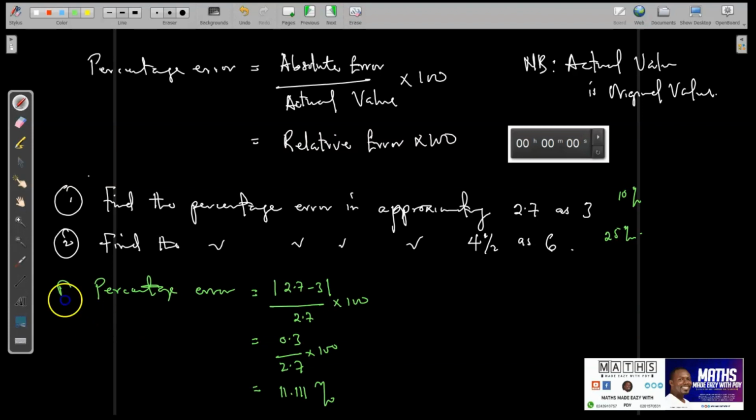That is number 1. Number 2 follows the same pattern. Let me use a yellow marker to write the number 2 process. So number 2 process, our percentage error will be equal to, what do we have?